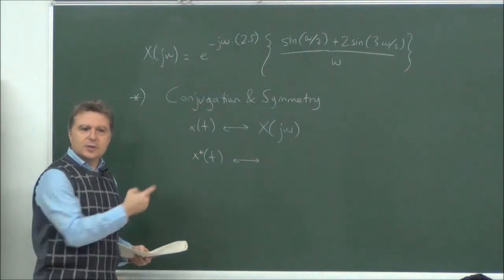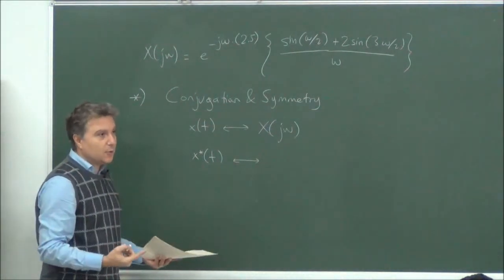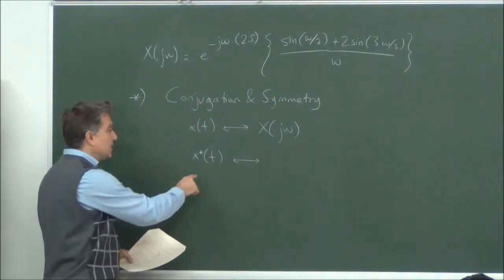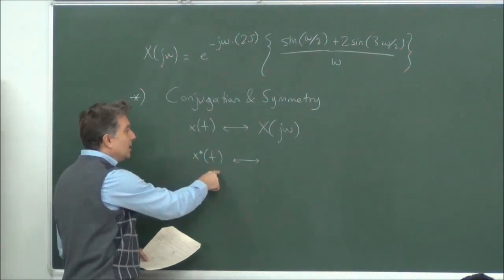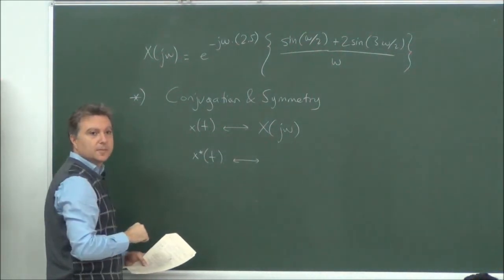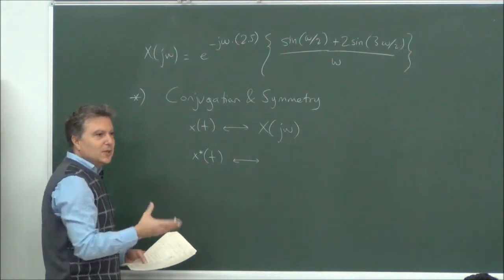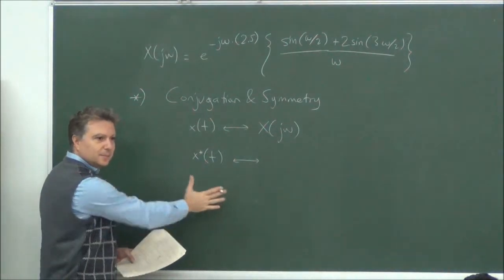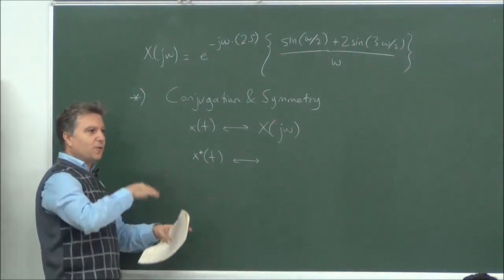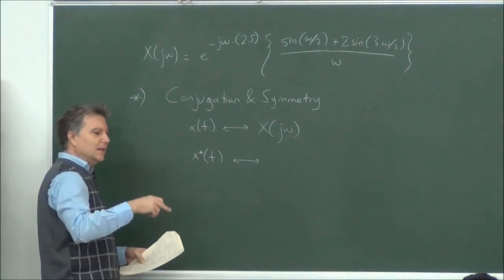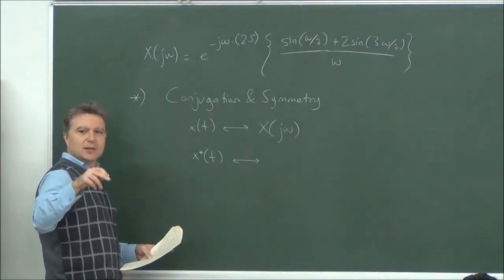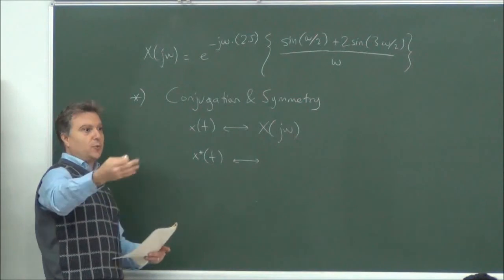Or I could ask you this as a quiz question or as an exam question: express the Fourier transform of x conjugate of t in terms of X of j omega, which is the Fourier transform of the normal x of t. What you do is just put this inside the formula, and then take the conjugate of the whole term, and in the complex exponential, the conjugation will make e to the minus j omega t become e to the plus j omega t.